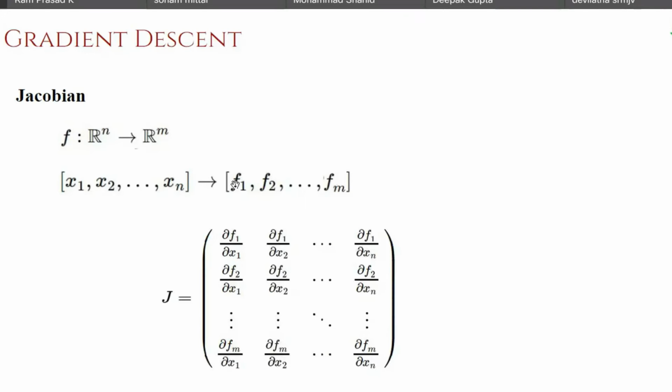So you find the partial derivative of x1, x2, x3 with respect to this output f1, and then you find x1, x2, x3 partial derivative with respect to f2 and so forth, and put it inside a matrix. This is called Jacobian matrix.